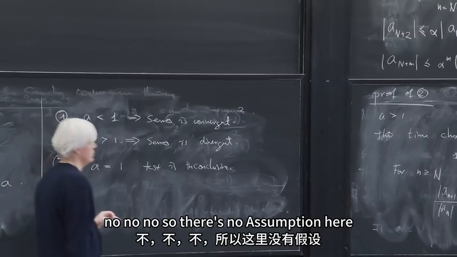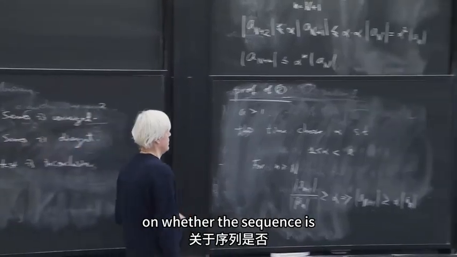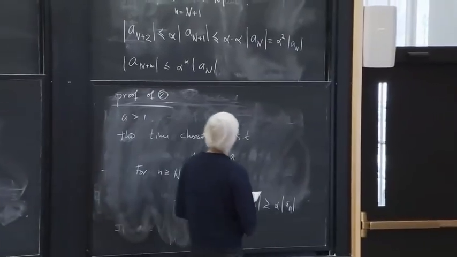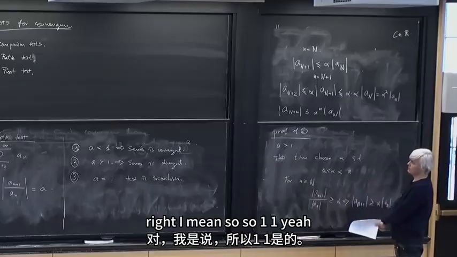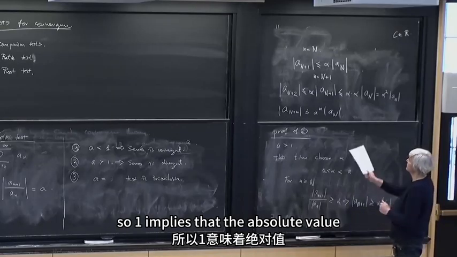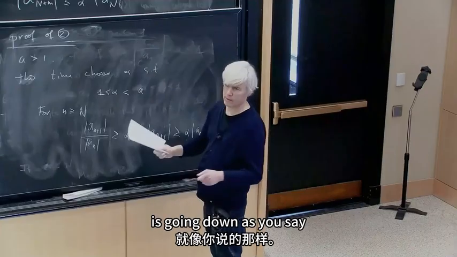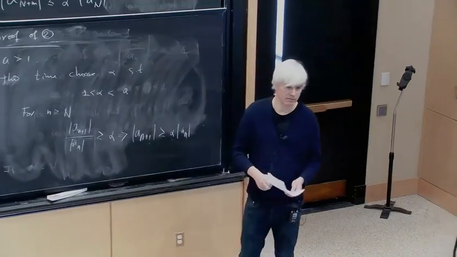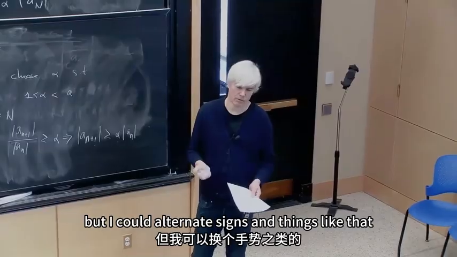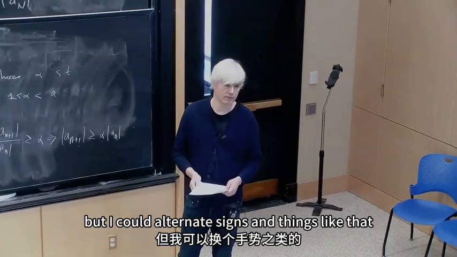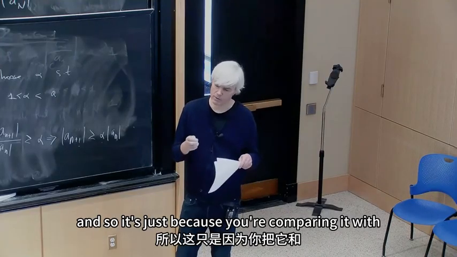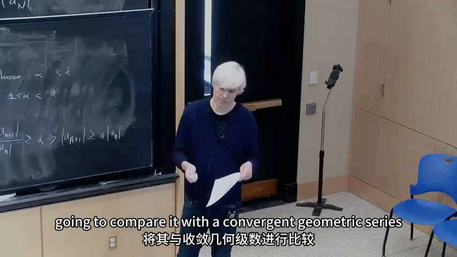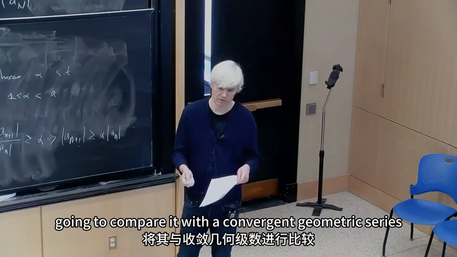No. So there's no assumption here on whether the sequence is monotone. Part 1 implies that the absolute value is going down, as you say, right? But it could alternate signs and things like that. It's just because you're going to compare it with a convergent geometric series.